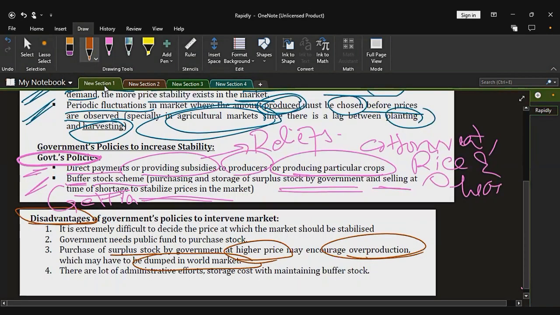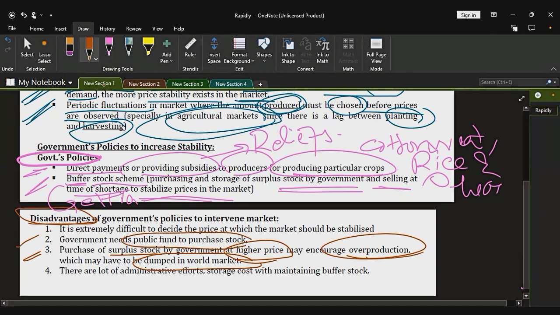and it will create a greater problem for the government: where to dump this product, where to utilize this product or where to sell those products, as there is always a limited demand in the market of any society. The second problem is that government needs bulk funds in order to purchase bulk quantity from the market.